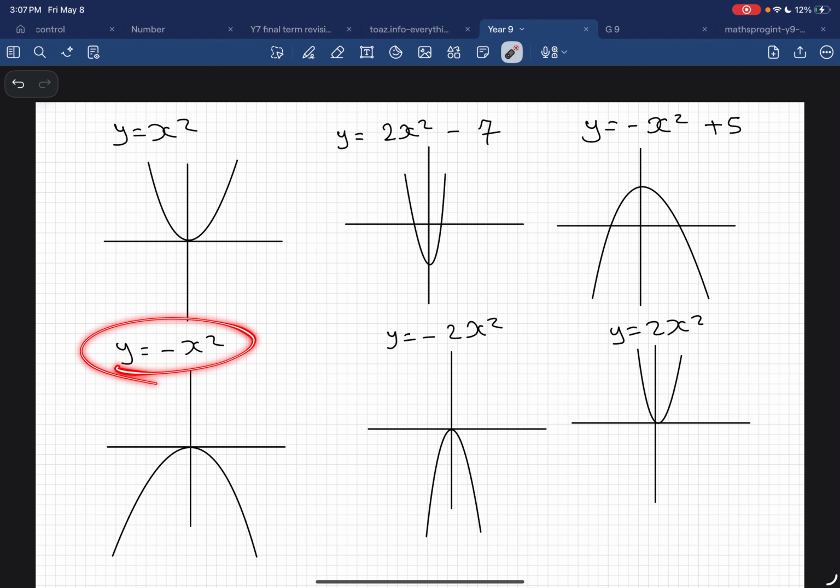And we have minus x squared here, it is inverted, okay, and wider. This one is minus 2x squared, it is narrower, and it's going through the origin because we don't have a y-intercept. It's not written. And yes, this is y equals 2x squared. As you can see, guys, it's going to be narrower, like I mentioned, and it's going through the origin.